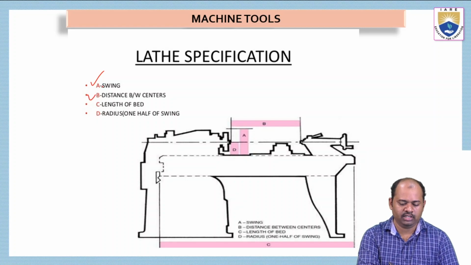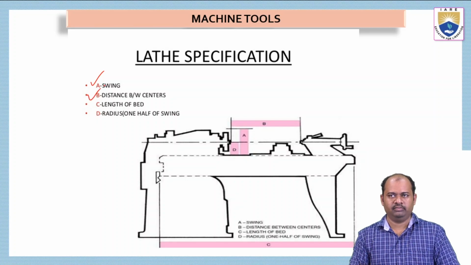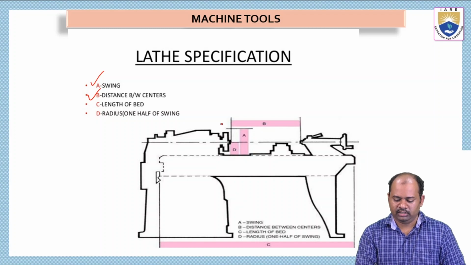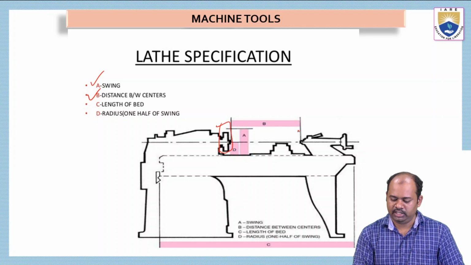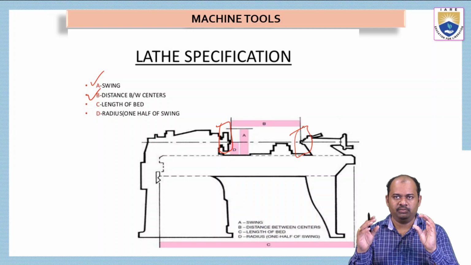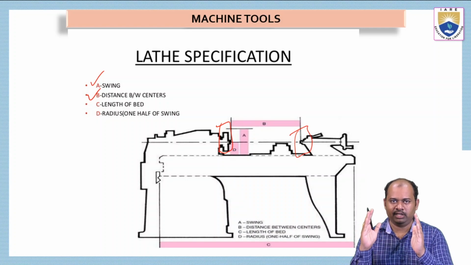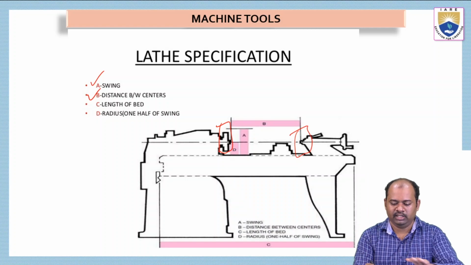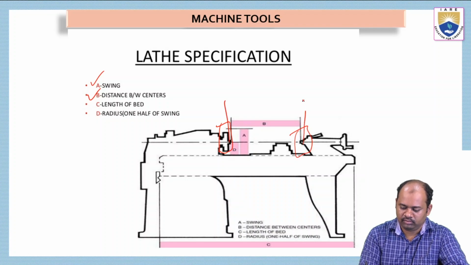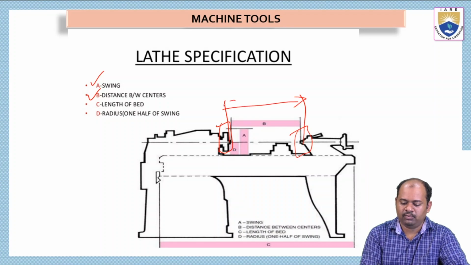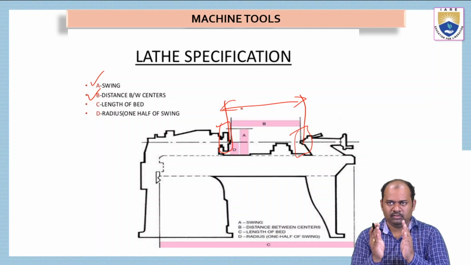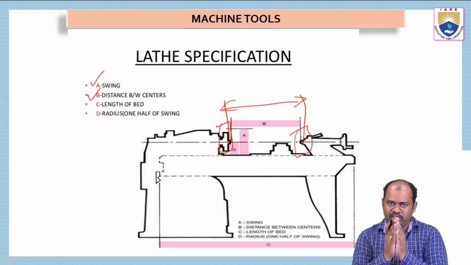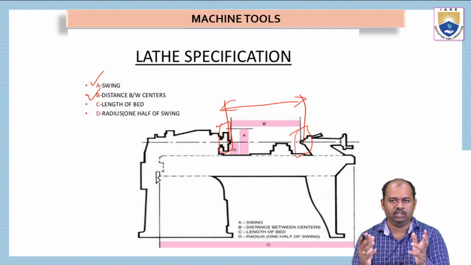And then the second one is distance between centers. Here, this is the headstock and this is the tailstock. Between these two centers, head center and tail center, there will be a maximum distance. We are not talking about the minimum distance. They can be brought together as close as possible, they can touch each other, which is the minimum distance of 0.